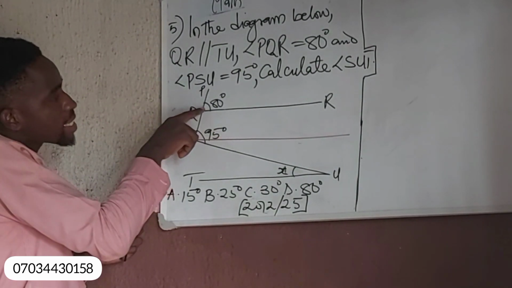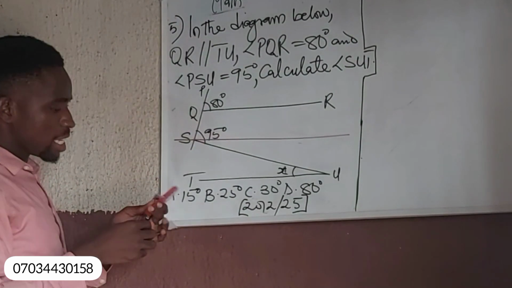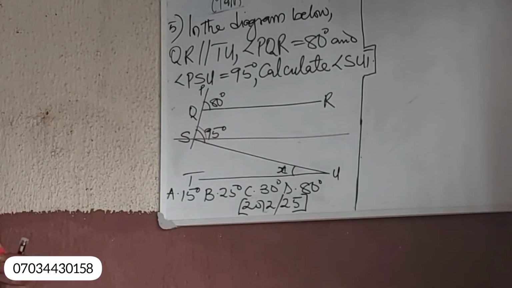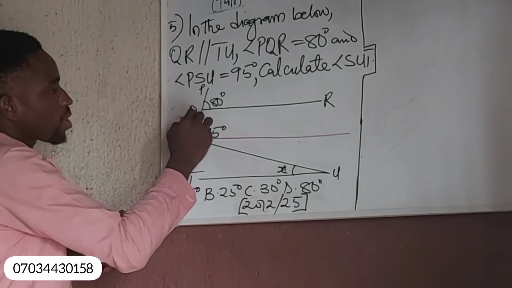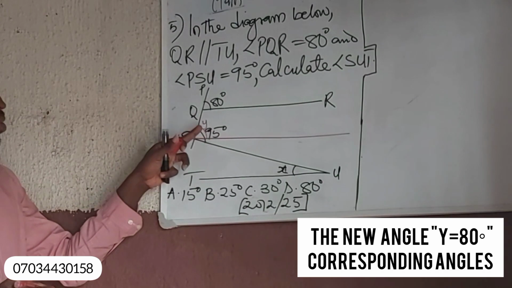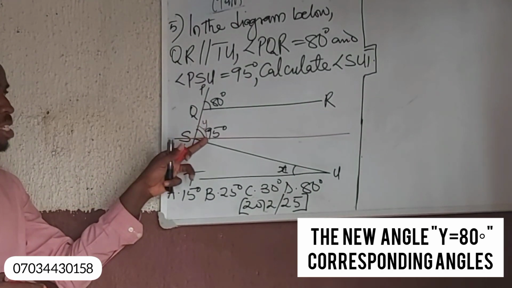Since I have 80 degrees on top here, it means that from here to here is 80 degrees. I can call that angle Y, for instance, 80 degrees, the one that is just from here to this place.